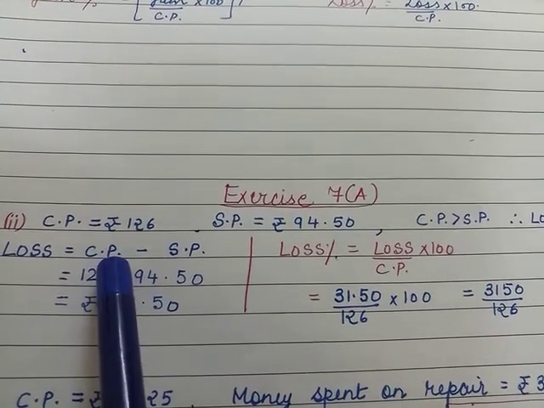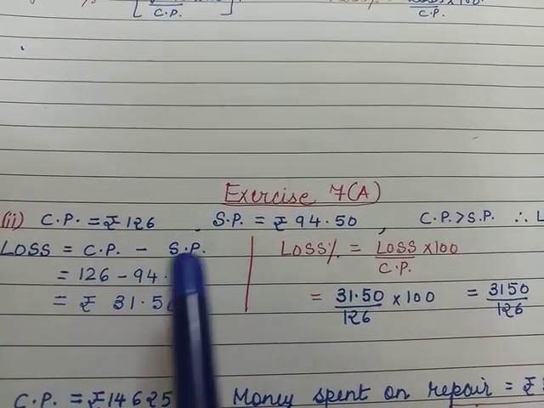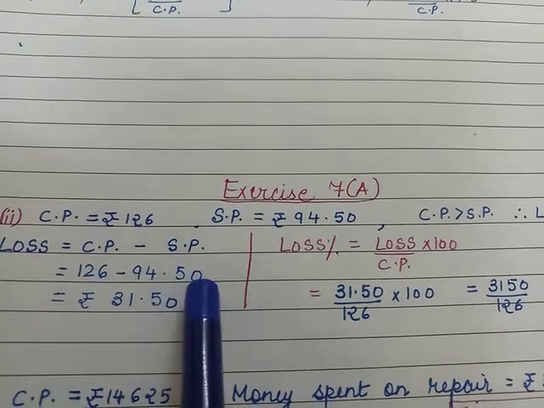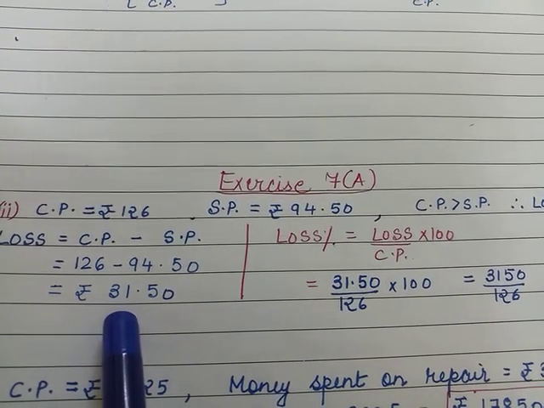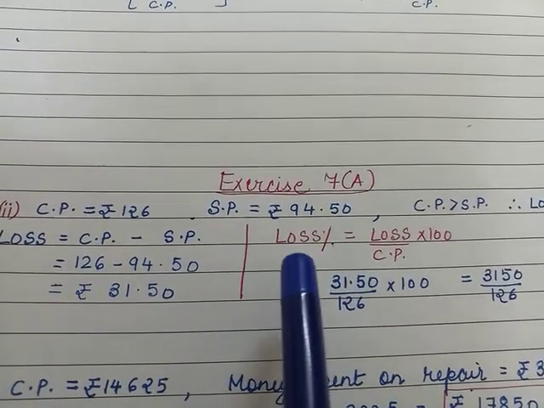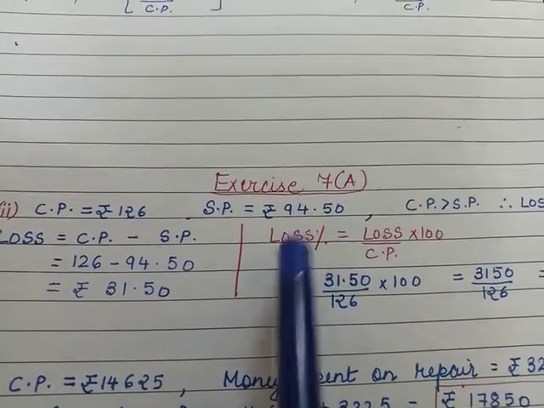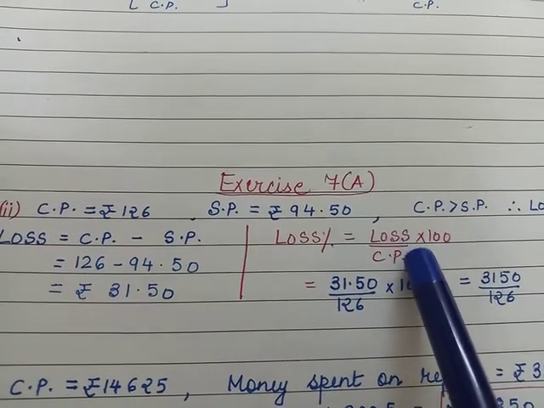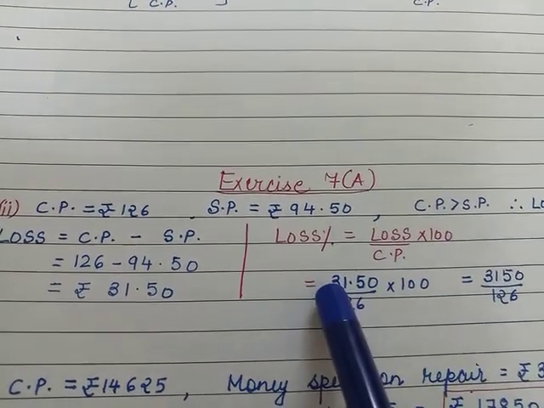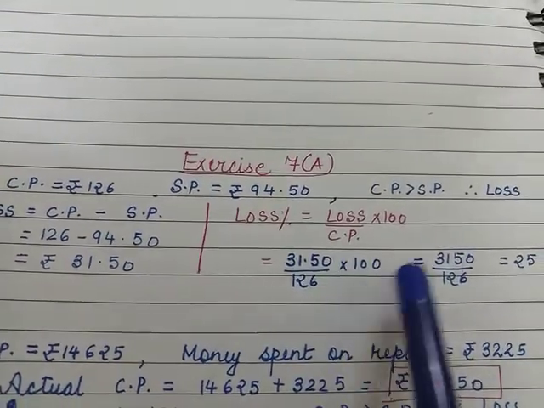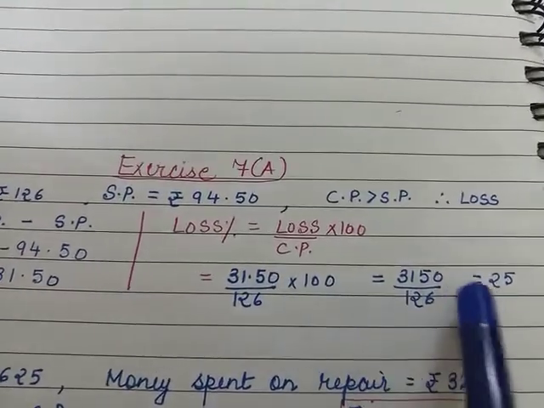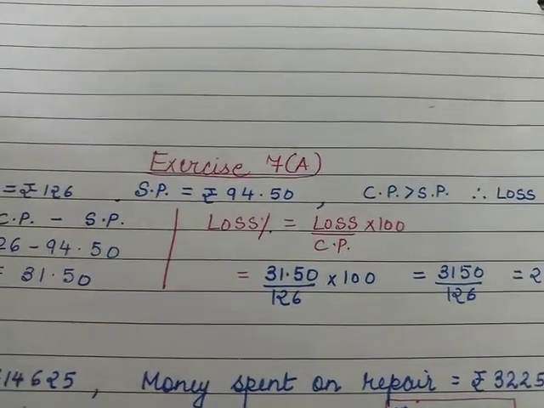Loss is equal to cost price minus selling price, that gives you 126 minus 94.50, that gives you 31.50. As we are looking for the loss percent, we calculate loss upon CP into 100, that becomes 31.50 upon 126 into 100. If you calculate it, it will become 25.